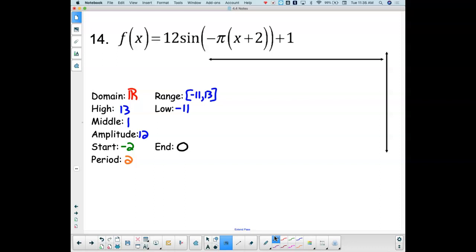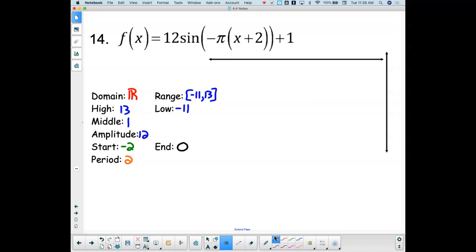Middle. This particular sine goes up or goes down? Up, because the negative's not attached to the sine. This particular sine goes down because it's got a negative b value.